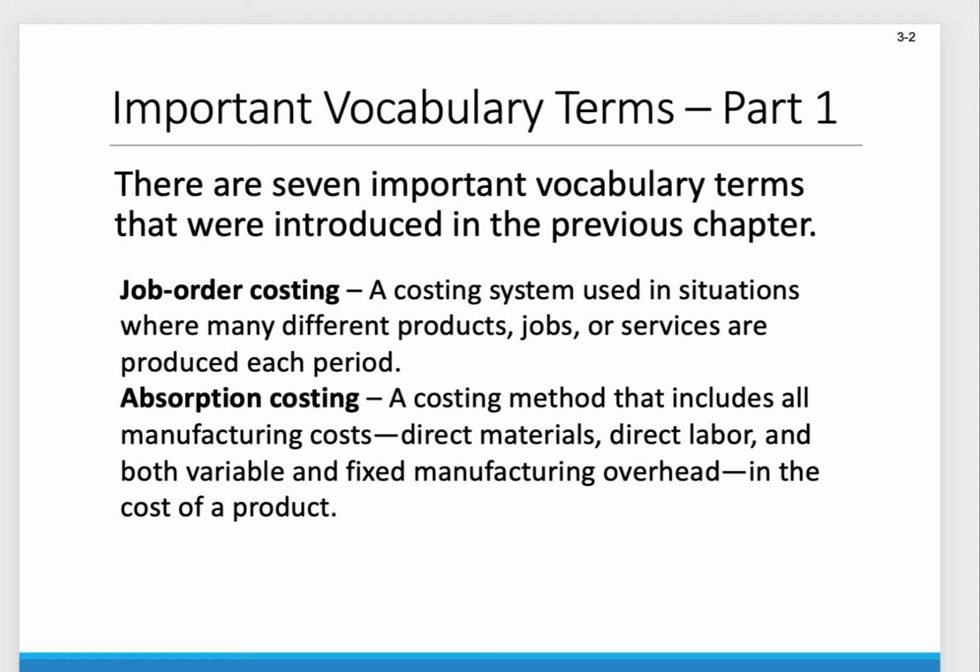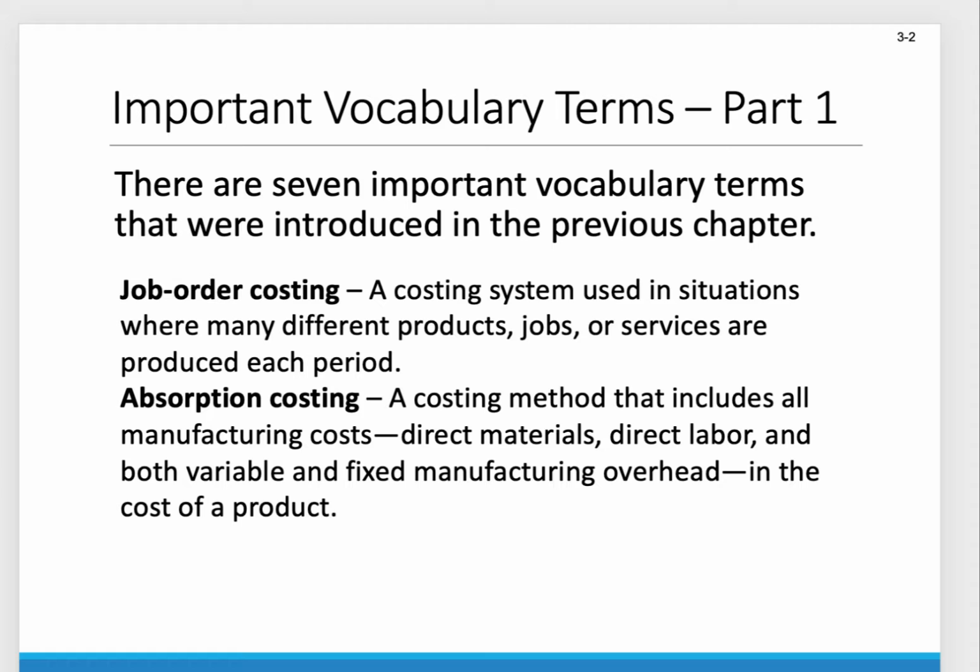The book talked a little bit really about absorption costing. We really didn't mention it in our lecture video series. However, it was a question in your study guide, right? Absorption costing, what is it? Well, it's also a costing method. However, absorption costing includes all manufacturing costs, right?